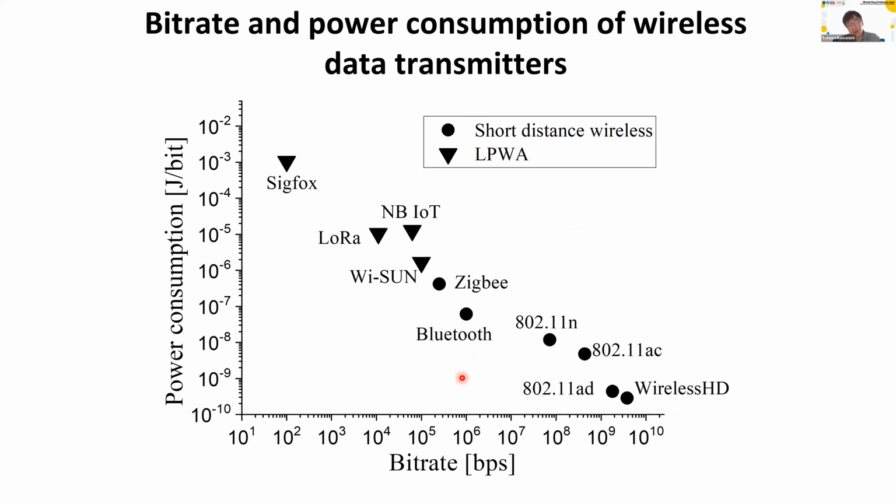If the bit rate is higher, the power consumption per bit will be getting smaller. I think it's very interesting. If we look at the power consumption of a car or motorbike, if we want to purchase a high-speed car or high-speed motorbike, I think the gas consumption would be larger than in an economic, compact car.